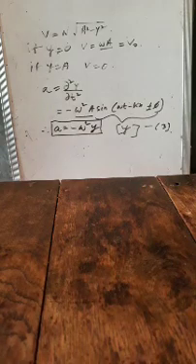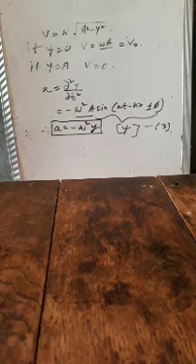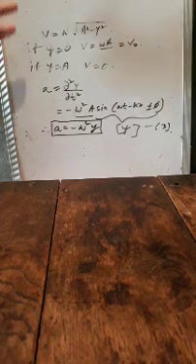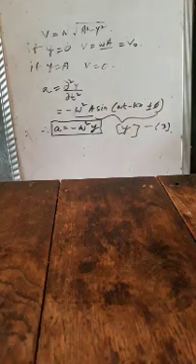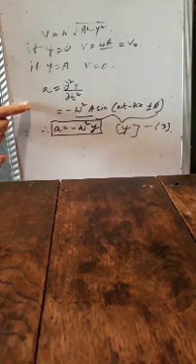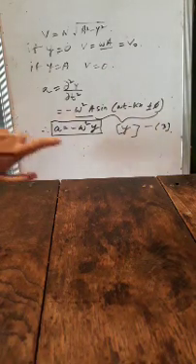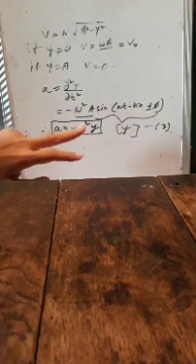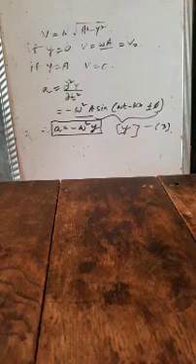So the phase of the velocity of the particle is 90 degree. This we have seen in the previous cases. Since they are in the opposite phase, the phase difference between them is 180 degree.